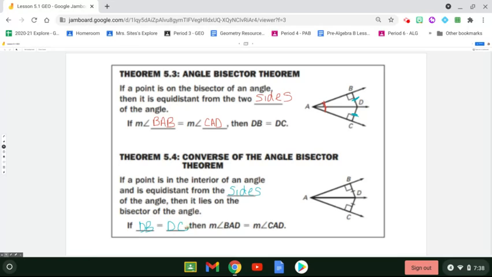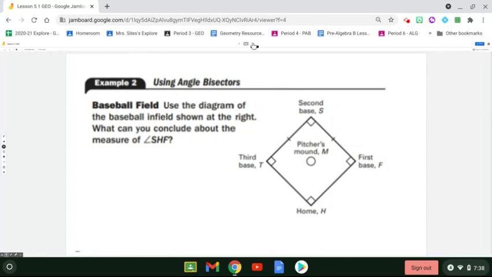So this time we're starting with the sides. Then we can say that the two angles are congruent. So we can say that the measurement of angle BAD is congruent to the measurement of angle CAD down at the bottom. Okay, we're going to put this to use now by taking a look at this baseball problem.